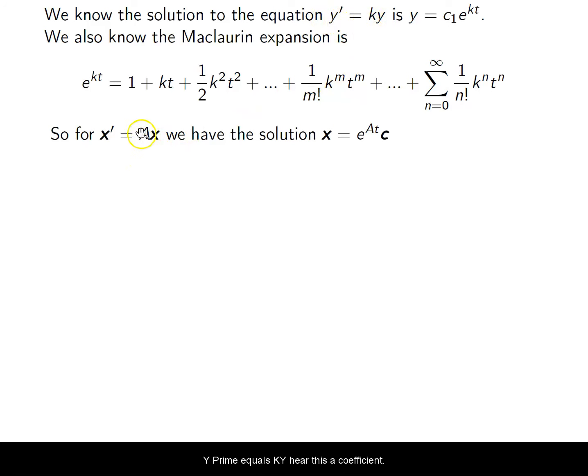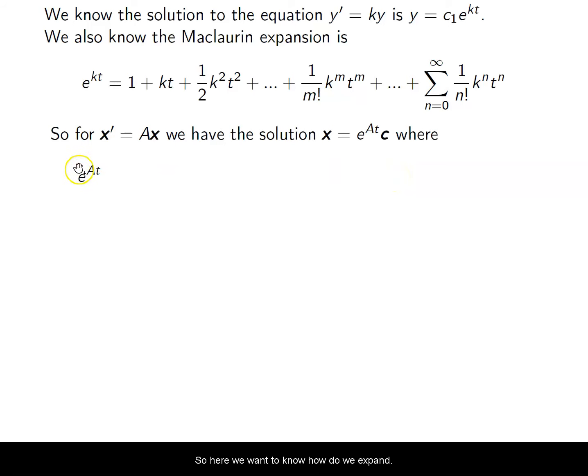Here, this coefficient matrix is the same as this constant of proportionality. Okay, so our solution with a coefficient, this c in front, being e to the kt, right? k y, A x, that's the At here, right? So it's really just an analogy, an expansion from this idea from a single DE, okay?